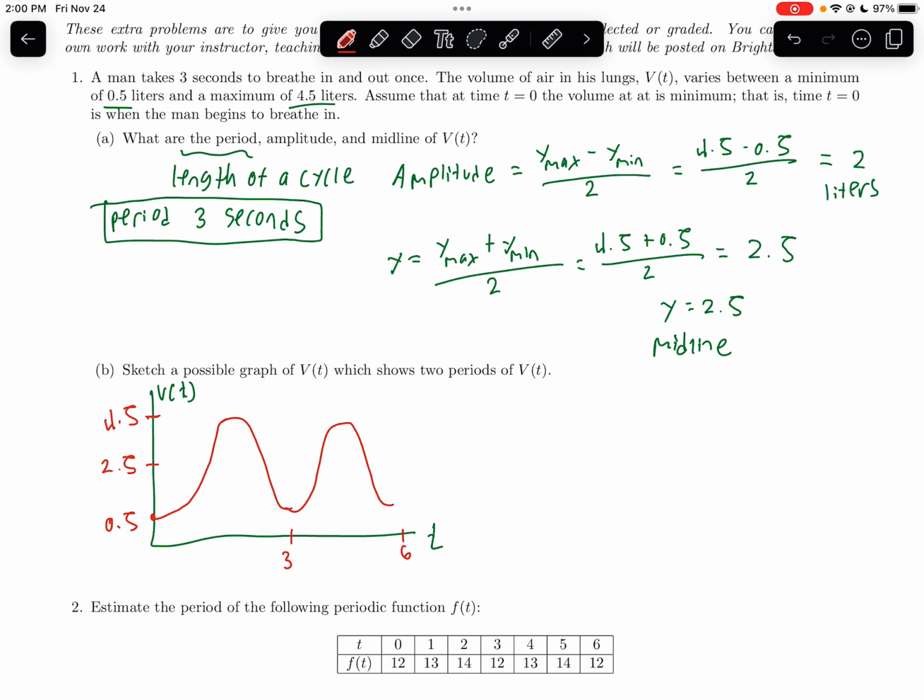So this is 6, because this is the period length, the cycle length. So this peak here is at 1.5, though you don't really have to label this, and then this maximum there would be at 3 plus 1.5, or 4.5. So that's the graph of 2 periods.